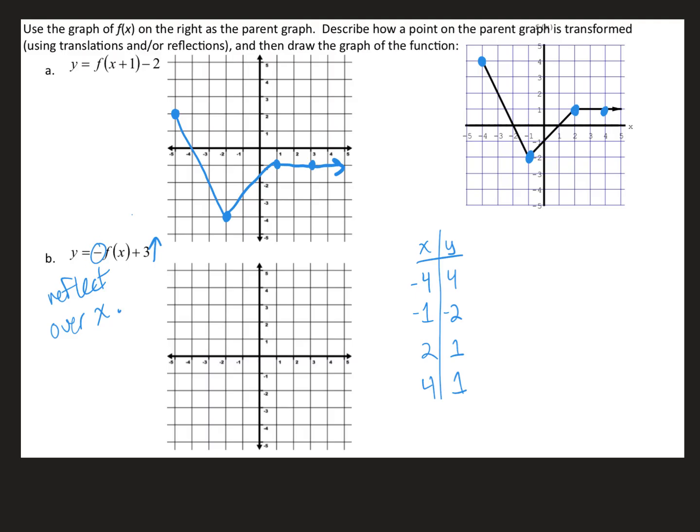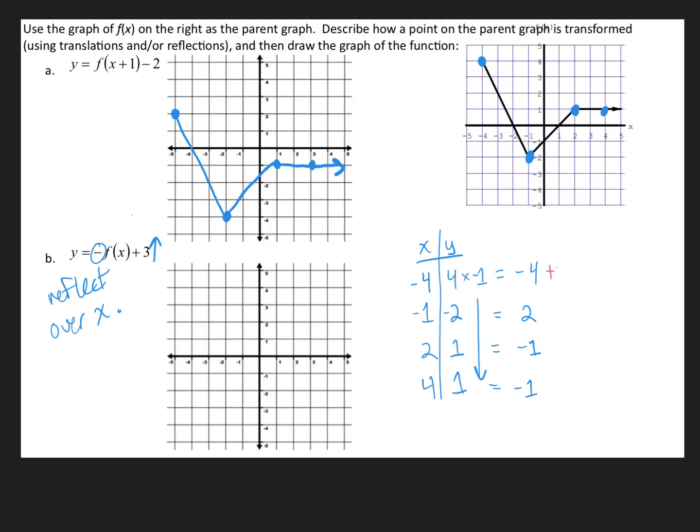So in order to do this correctly, you must multiply, aka do your reflections first before you do any shifting. So I will multiply all of these by -1 to get new y values, -4, +2, -1, and -1.